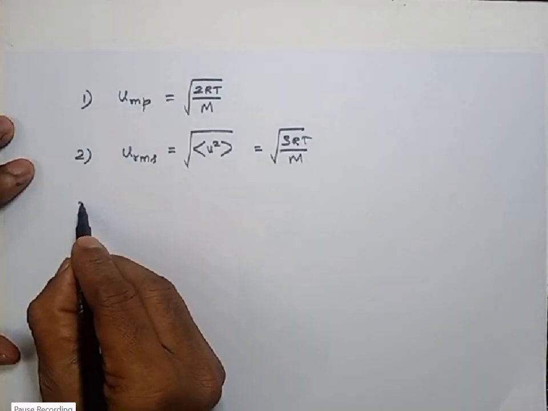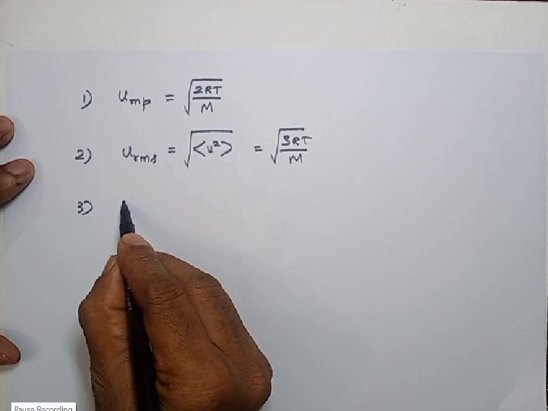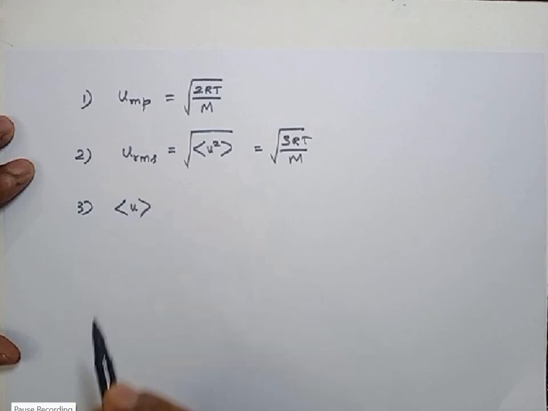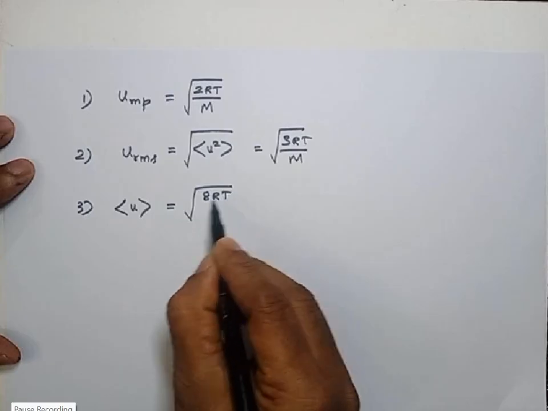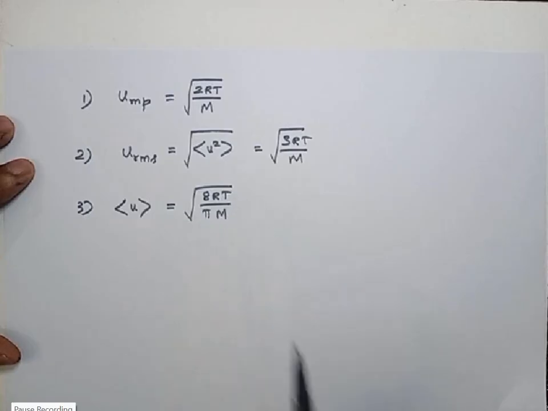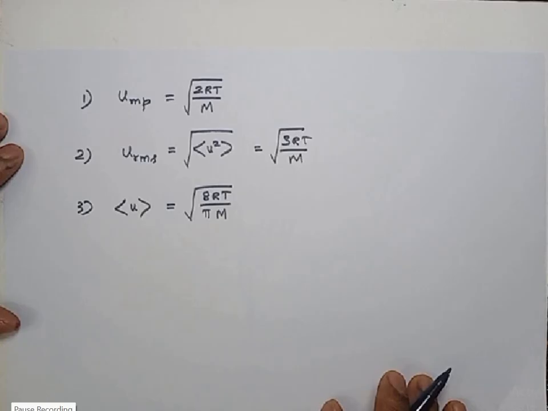Then I gave another velocity called average velocity, U average. Average velocity is equal to square root of 8RT by pi m. These are the three important velocities connected with the gaseous state.